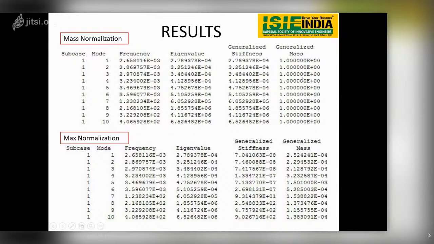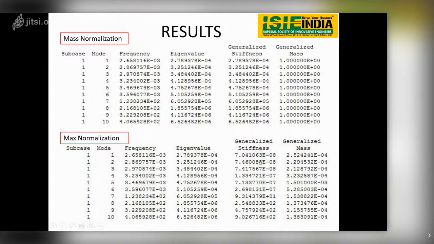It is not only the mass, but the modal mass, because omega n is equal to root of k by m, where k is the stiffness matrix and m is the mass matrix. Stiffness divided by mass gives the frequency. So this is the generalized mass, and this is the generalized stiffness, calculated by phi transpose k phi, where phi is nothing but the eigenvectors.